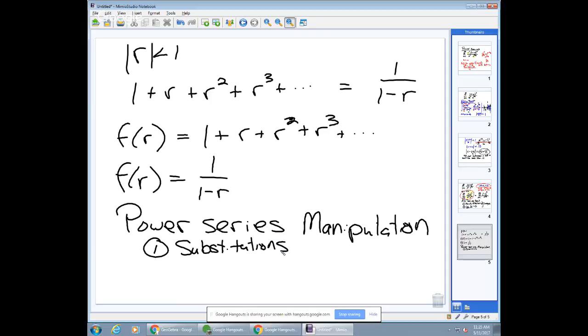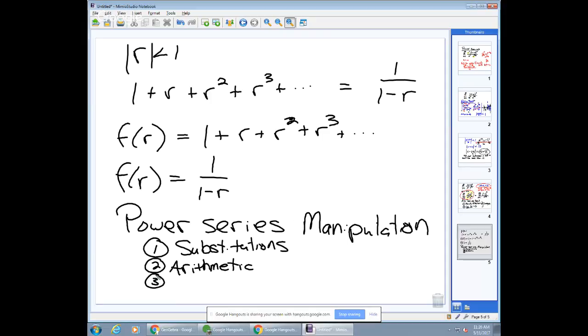So we could replace x with a -x and see what happens. We could replace x with an x squared, or a 3x, or an x minus 1. 2, we can just do regular arithmetic kind of stuff. So we can add numbers to it, like add 1 to it, add 2 to it. We can multiply it by 17. We can do things like that.